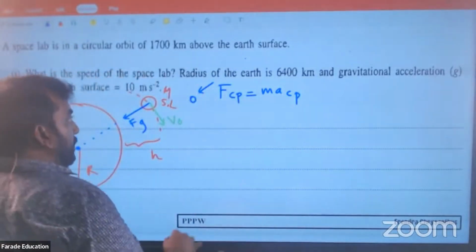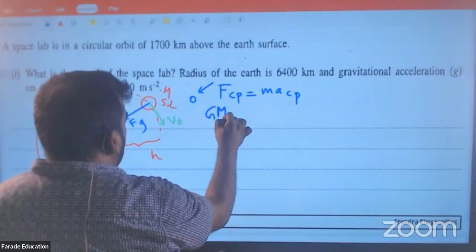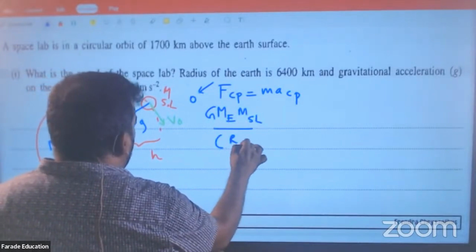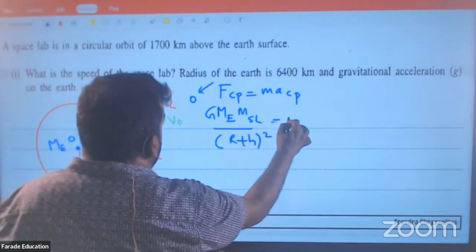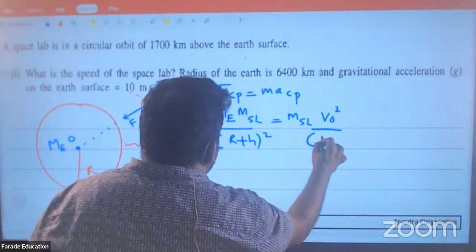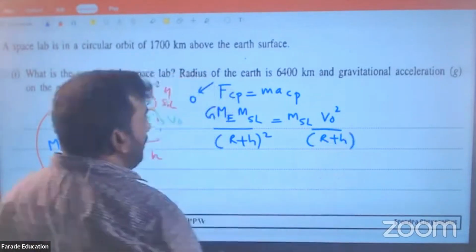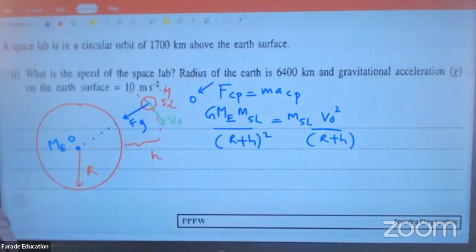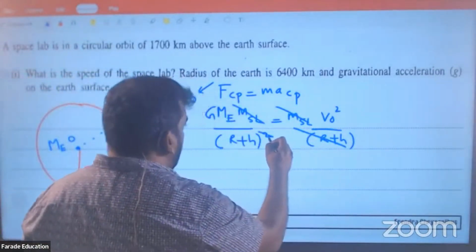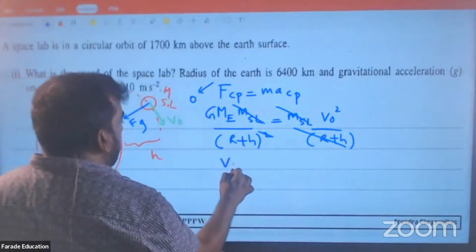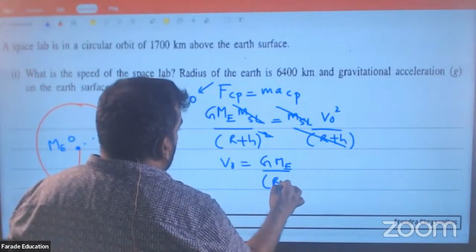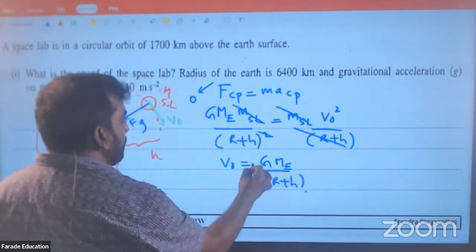Gravitational force, mass of Earth, mass of space lab divided by R plus H whole thing squared, equals mass of space lab V naught squared divided by R plus H, the orbit radius. From this, mass of space lab cancels, and one R plus H cancels off. V naught is equal to the square root of capital G ME divided by R plus H.